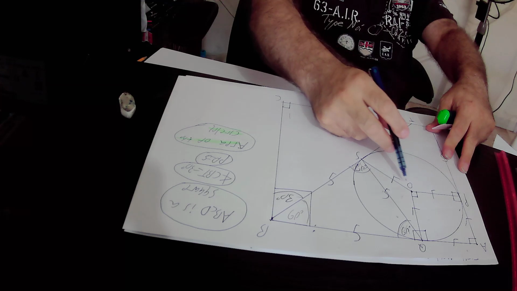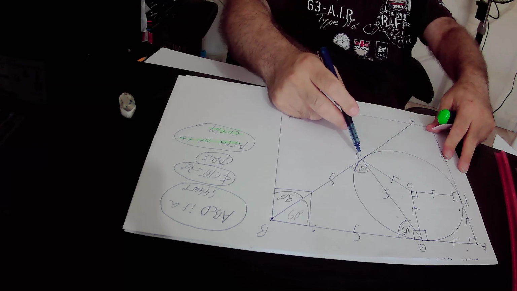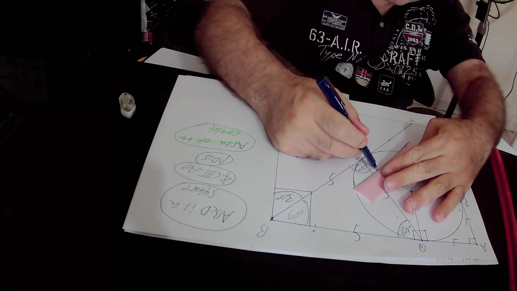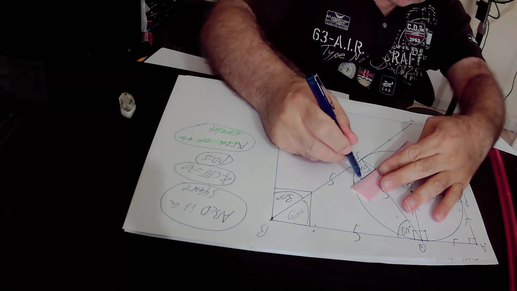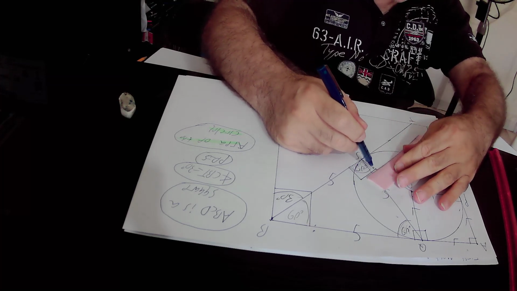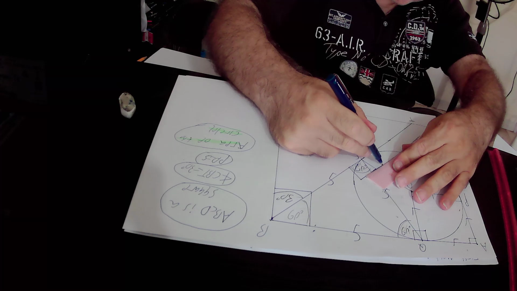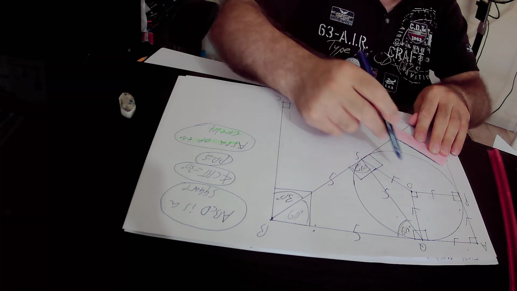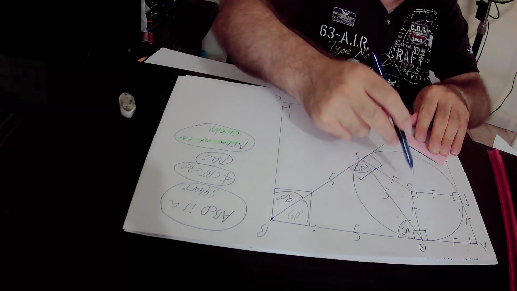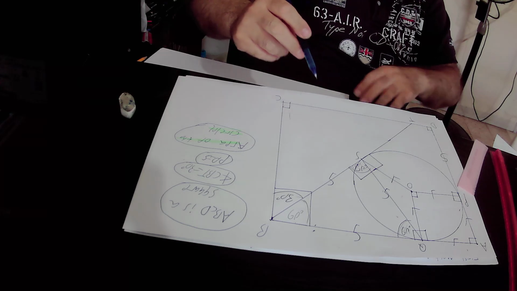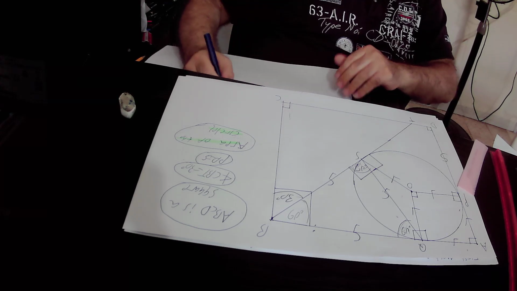Here we have the radius OS that is drawn to the point of tangency, therefore according to rule number 1, this angle equals 90 degrees, and this angle is also equal to 90 degrees.